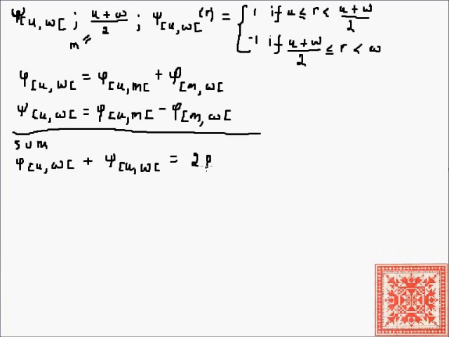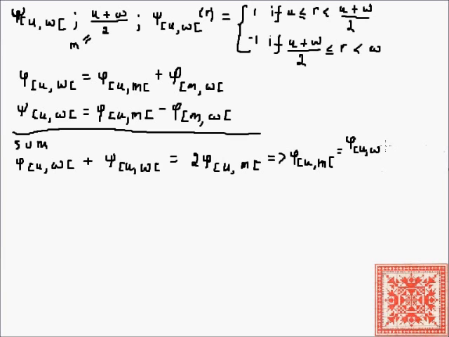Summing up, we get phi from u to w plus psi from u to w, the left hand side of both equations, equals 2 times phi from u to m, which gives us the representation of phi from u to m in terms of the larger interval from u to w.